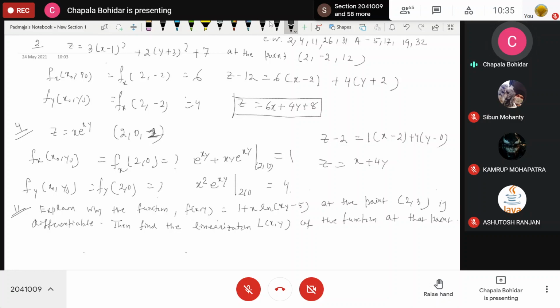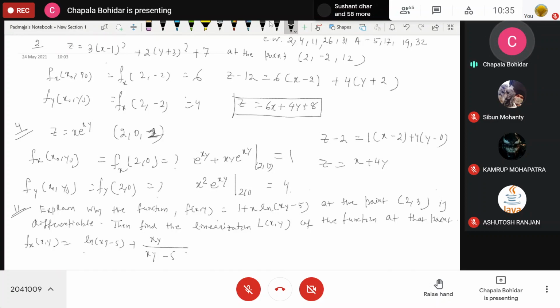Check whether the partial derivative with respect to x and the partial derivative with respect to y exist or not. f(x, y) is equal to x ln(xy minus 5). The derivative with respect to x is ln(xy minus 5) plus x divided by xy minus 5 times y.